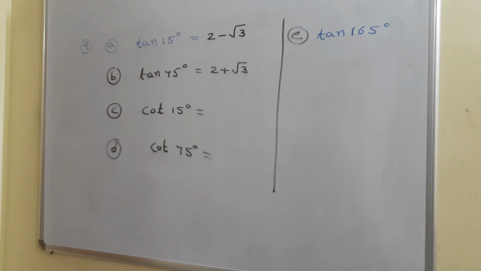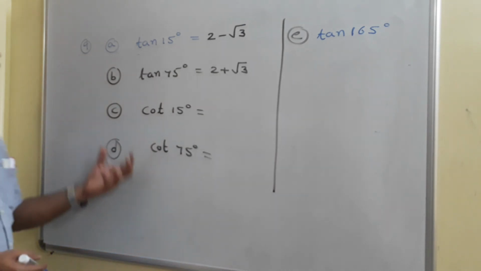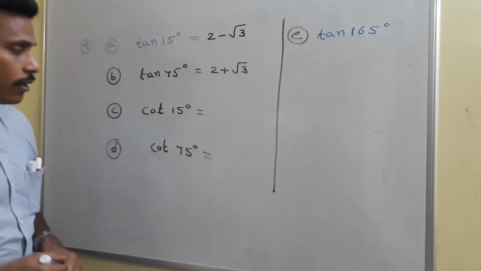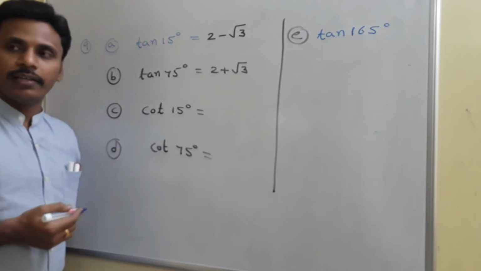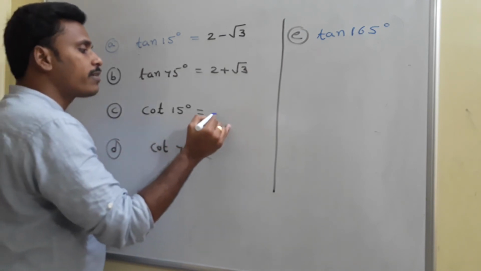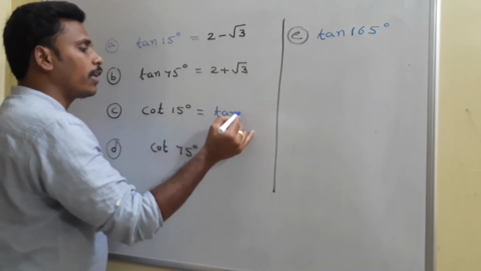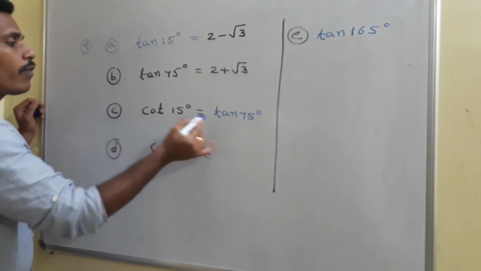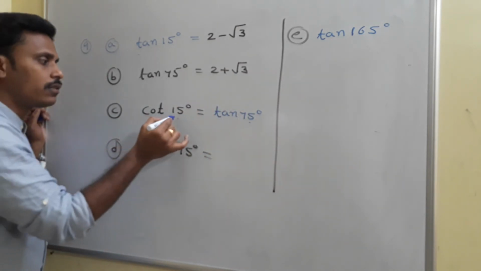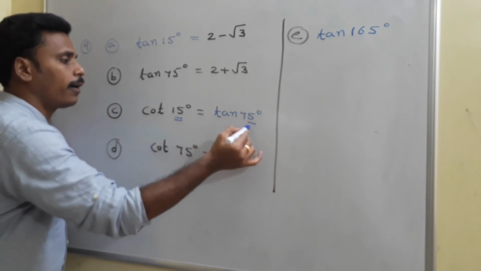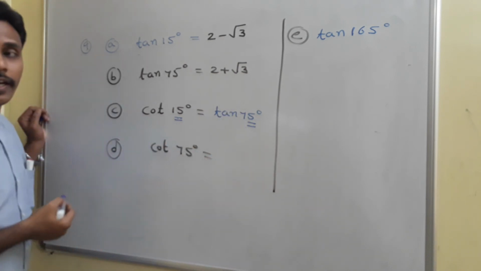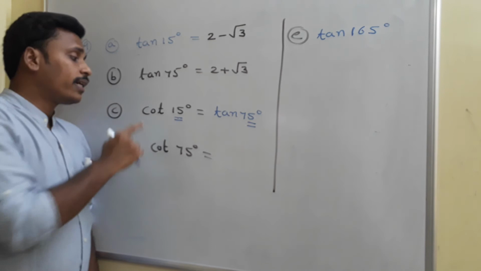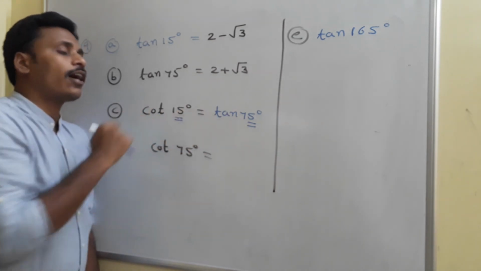Look at the board. We have tan 15 degrees as 2 minus root 3 and tan 75 degrees as 2 plus root 3. And cot 15 degrees, cot 75 degrees you wish to write. What about cot 15 degrees? Cot 15 degrees is directly equal to tan 75 degrees. We have a rule that if alpha plus beta is 90, the sum of these two angles is 90 degrees, and that's why tan of one angle is the cot of the other angle.